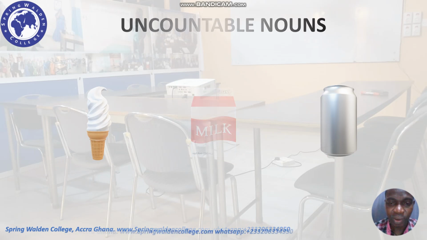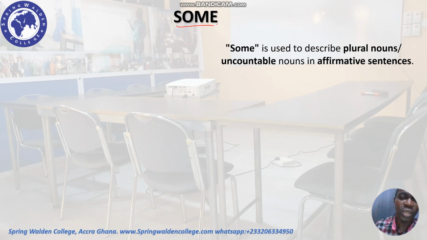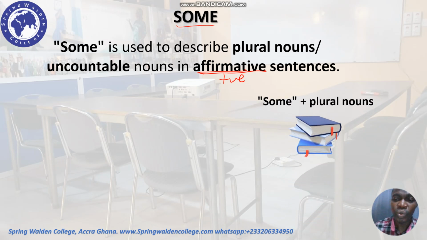Okay, now let's look at the difference between some and any. Let's start with some. So some is actually used only in the affirmative, the positive sentences. Okay, in the positive sentences. Here we have some plus plural nouns. Okay, so in a positive sentence, there are some books on the table, because there are 1, 2, 3.